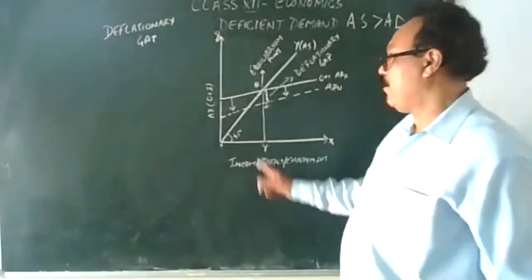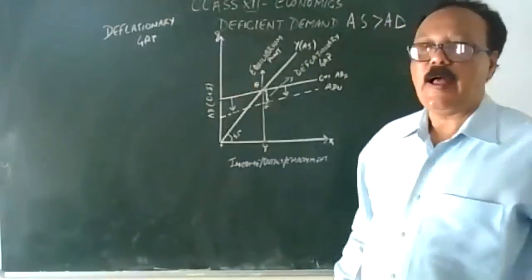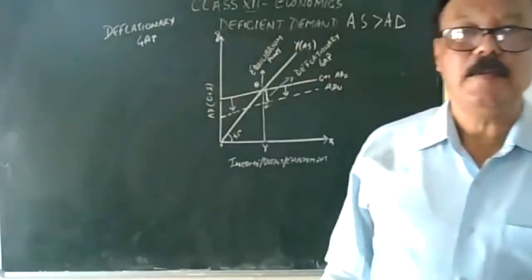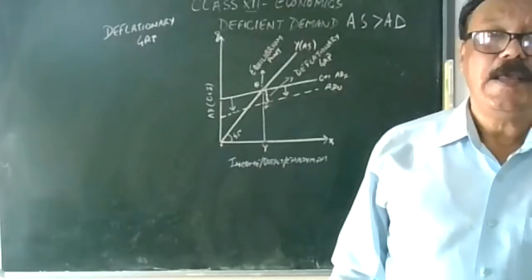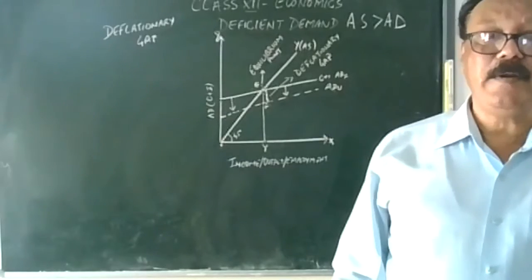So this topic is finished, deflationary gap. I have given you what is deflationary gap. It is nothing else but deficit demand, where AS is greater than AD. And why does this happen?